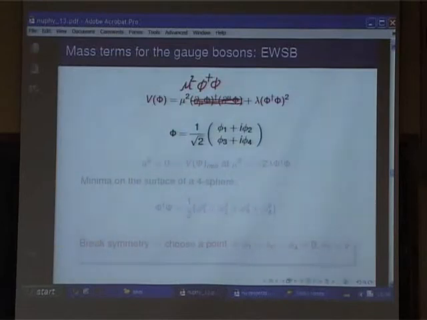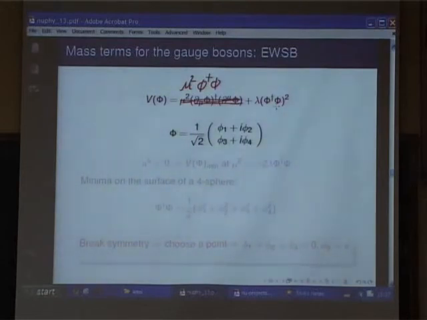The derivative part already came in the Lagrangian dynamics. So mu squared phi dagger phi plus lambda times phi dagger phi squared. It's a term that we can write because phi has dimension 1, so phi to the fourth is okay.